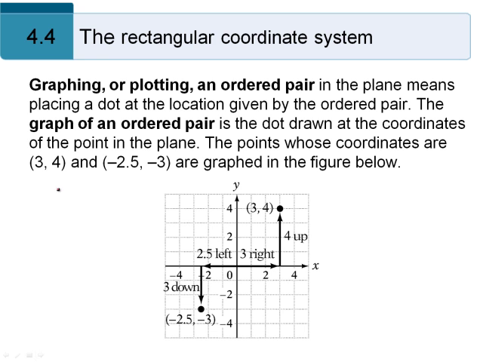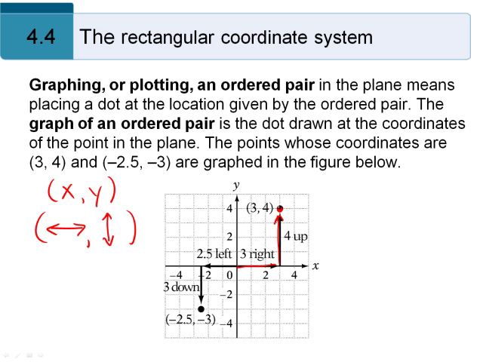It always has to be in that order: x first and then y. Across first, up and down second. Look at how we've plotted the point (3, 4). We started at the origin, you go to the right 3, and from there you go up 4, and that's where you put your point, (3, 4).